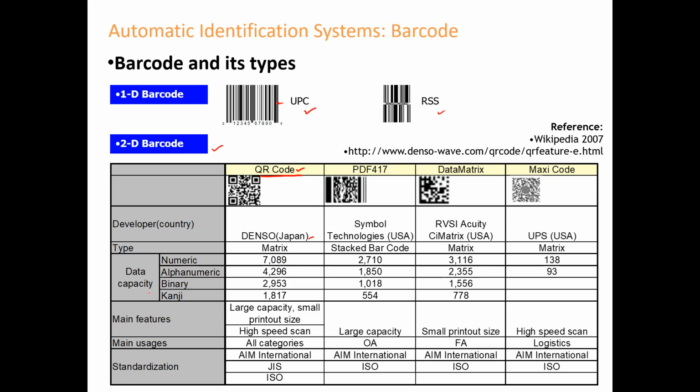And for data capacity, this is a lot compared to other standards. And if you compare to others, it is a kind of high-speed scan. You can use a smartphone to scan QR codes, and you can use other devices that can detect QR codes as well.